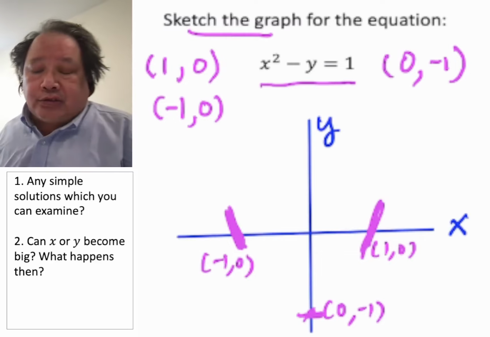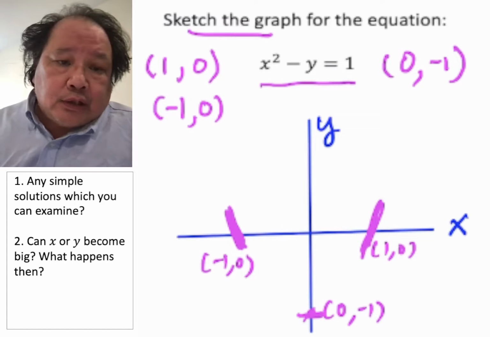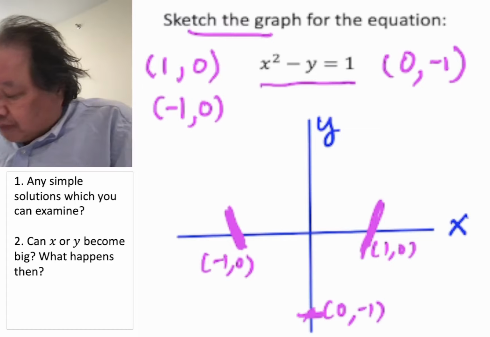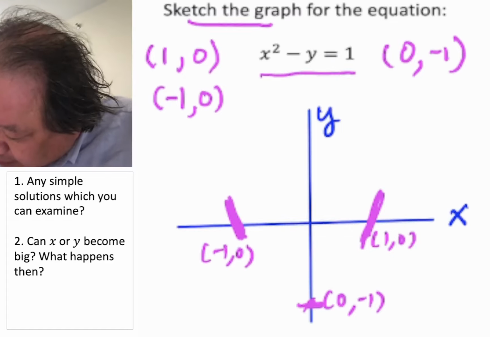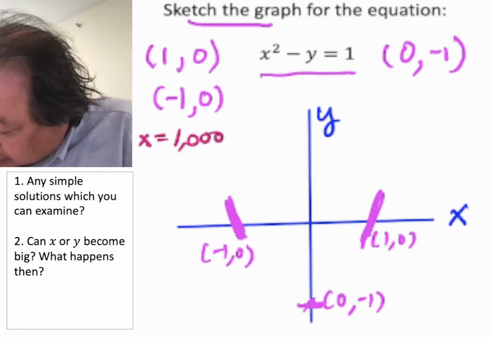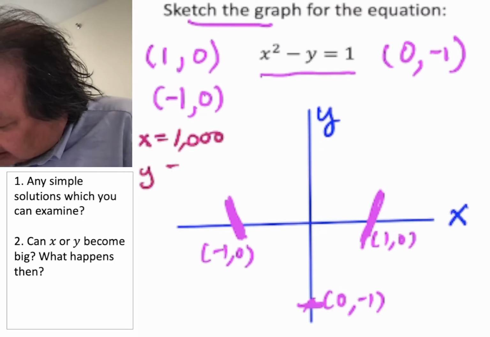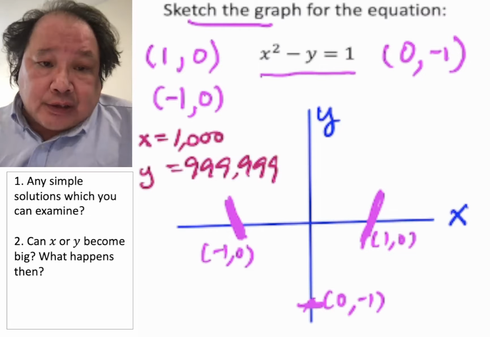The next thing I like to do is ask myself, what happens when x or y becomes a very big number? So for example, if x became 1,000, then y would have to be 999,999 because x squared is 1,000,000.